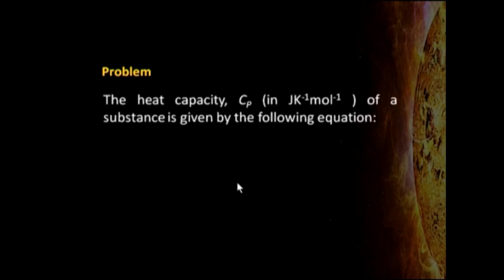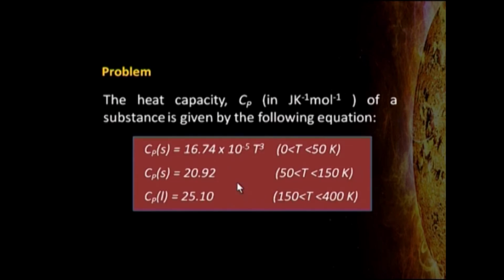There is another problem to understand the calculation of absolute entropy of a liquid. The problem is: the heat capacity Cp of a substance is given by the following equation.